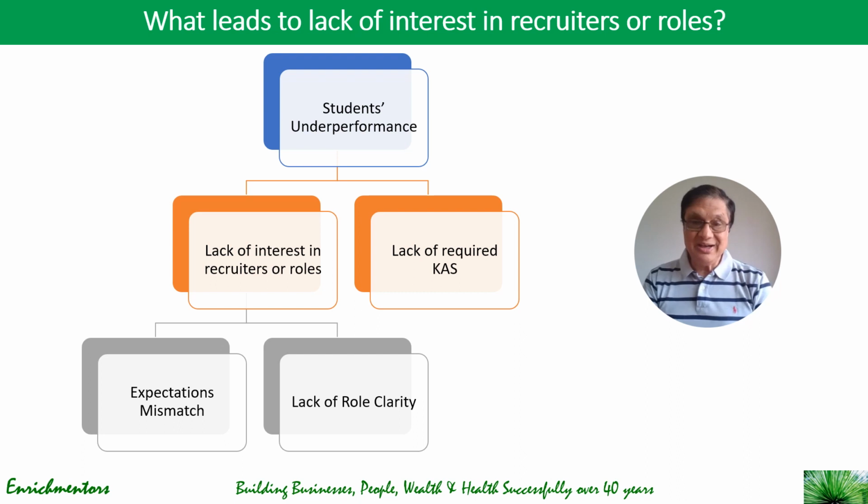So these are the two main things. Now, a mismatch in expectation could happen in terms of the CTC that they're expecting from the company, in the kind of work that they would do, and in the kind of company, like, is it a multinational, is it an Indian company, etc. Similar things can happen with lack of role clarity.